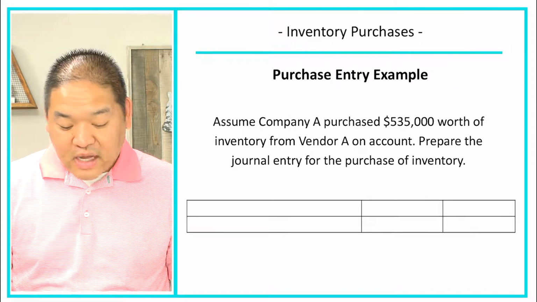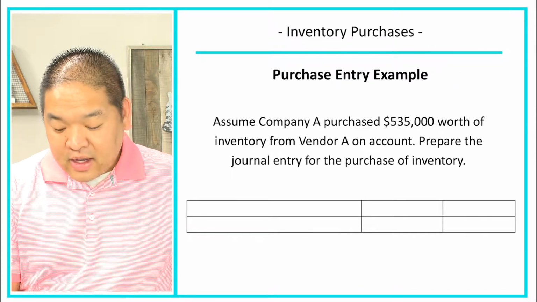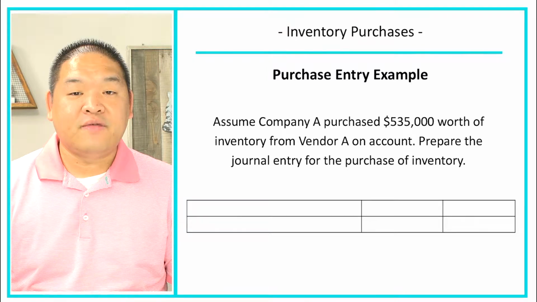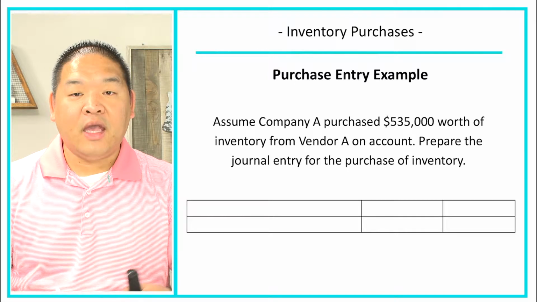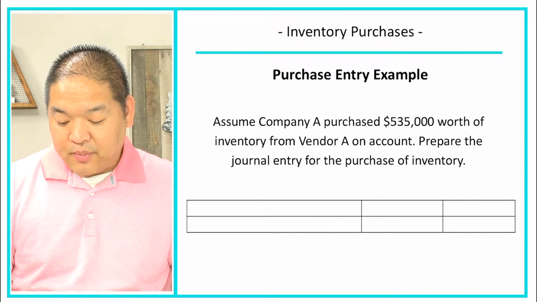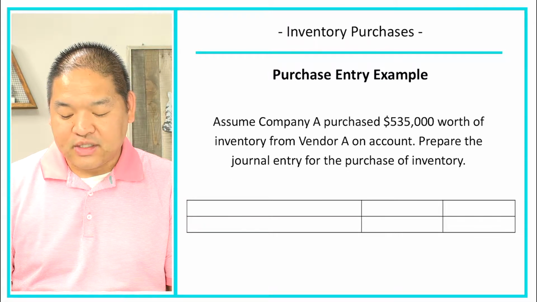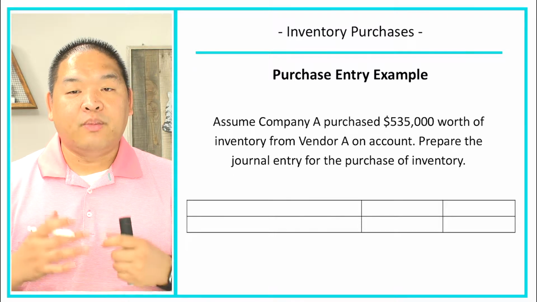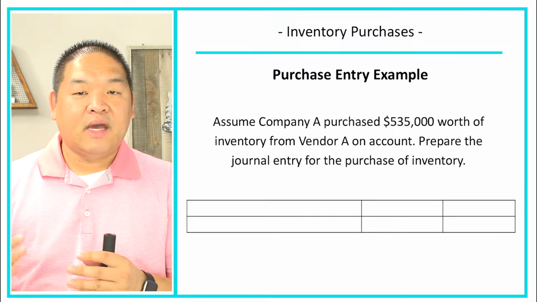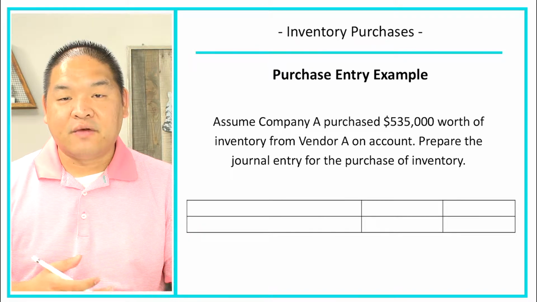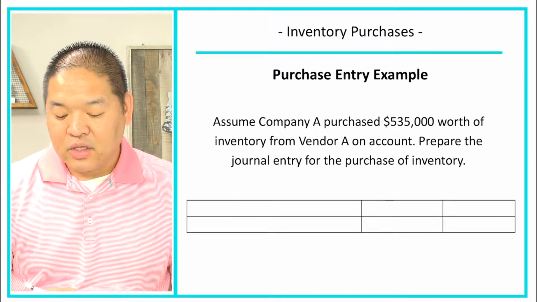So here's an example of how we do that. Assume that company A purchased $535,000 worth of inventory from their vendor A, on account. Prepare the journal entry for the purchase of inventory. We are assuming that they've already delivered $535,000 worth of inventory.